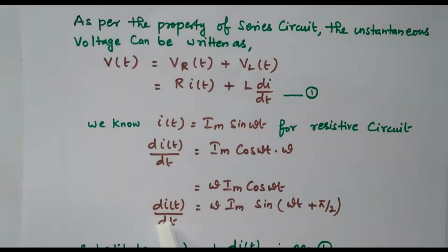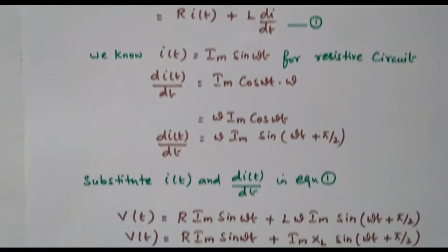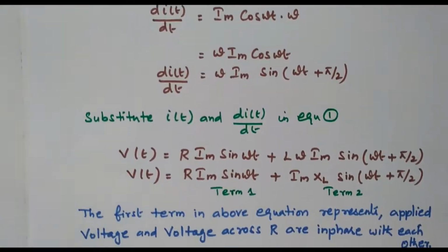Now we got the expression for di of t by dt, and I of t is available. Now we can substitute these two values in equation 1. I of t and di of t can be replaced with these expressions. So V of t equals R Im sin omega t plus L omega Im sin(omega t plus pi by 2).